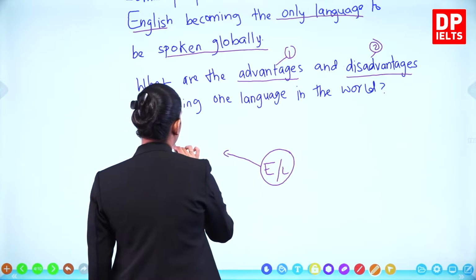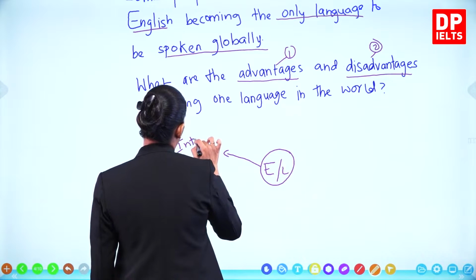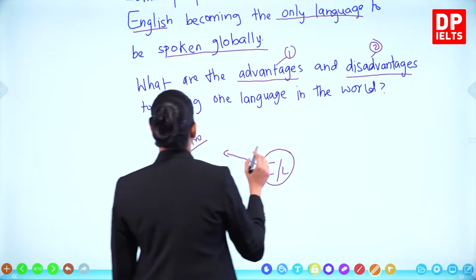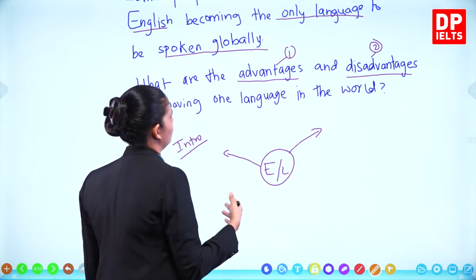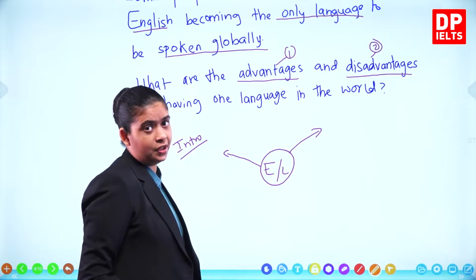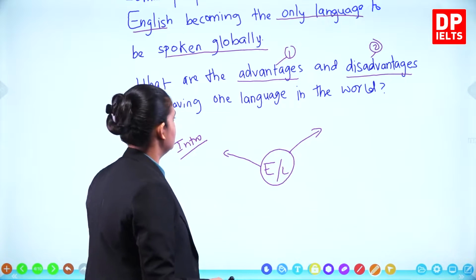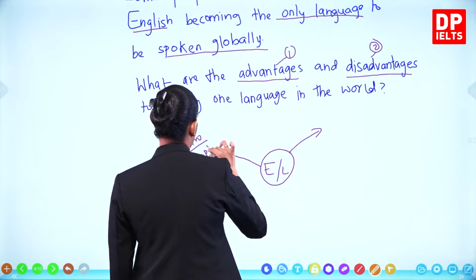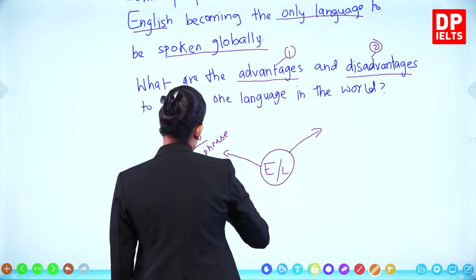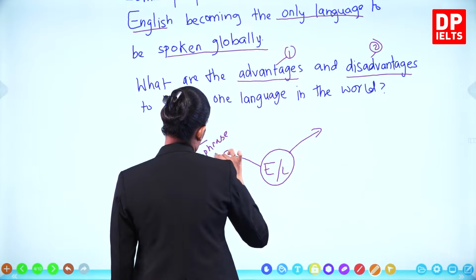So in our introduction, do we really need to write an opinion? Not really. They're not asking us for an opinion. They're just asking us for the advantages and disadvantages. So I would paraphrase the question and write what.